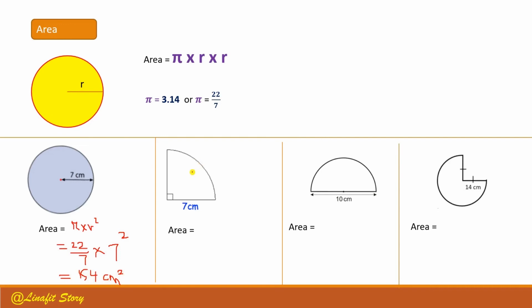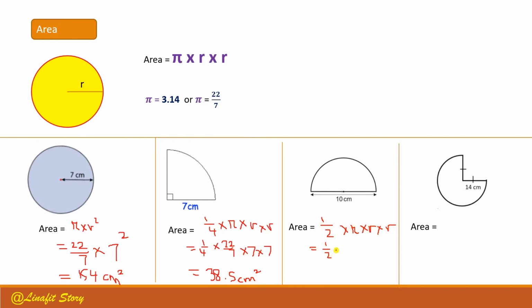This is a quarter circle, so to get the area is 1 out of 4 times pi times radius squared. So 1 out of 4 times 22 out of 7 times 7 times 7 is equal to 38.5 square cm. The diameter of the semicircle is 10 cm. So to get the area is 1/2 times pi times radius squared.